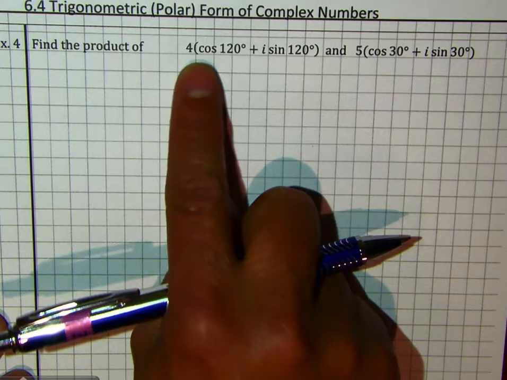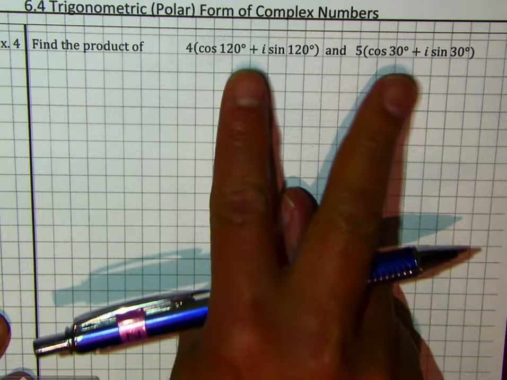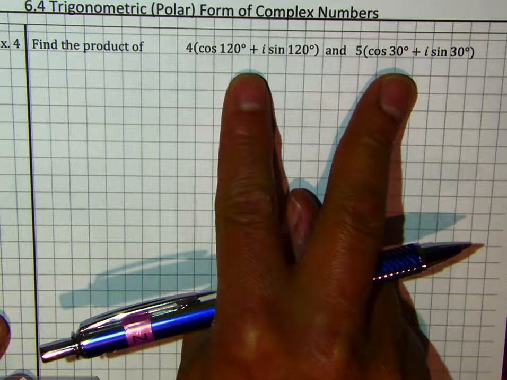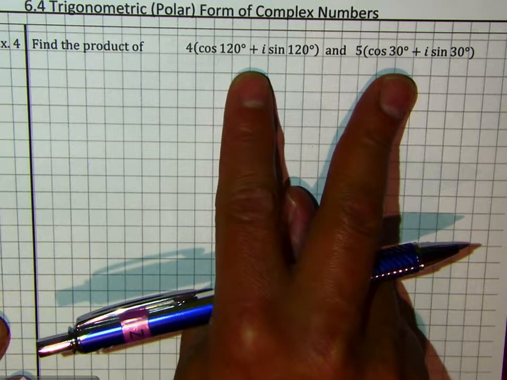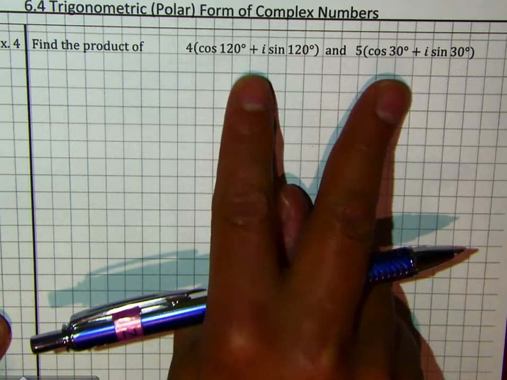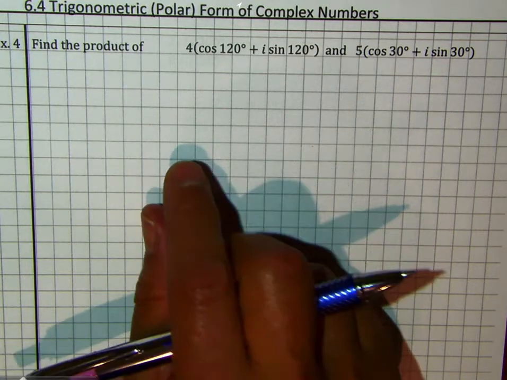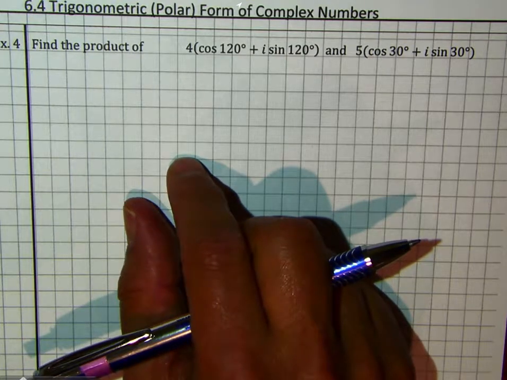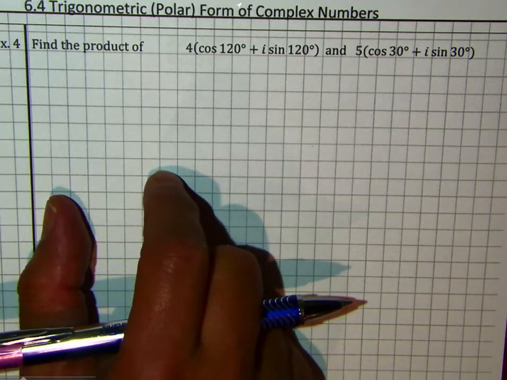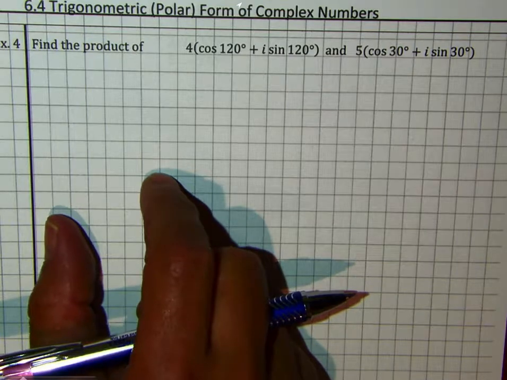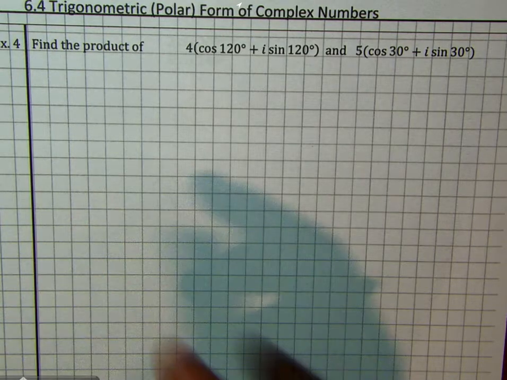So I need to be able to find the product. Now, we don't know how to multiply two trig form complex numbers. So what we're going to do is rewrite them in rectangular form, just like we did on example number 2. And then we're going to multiply.